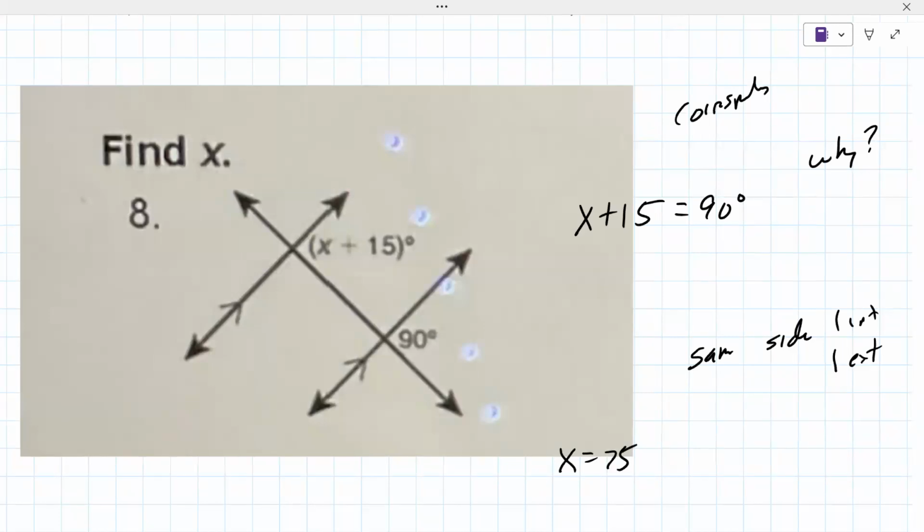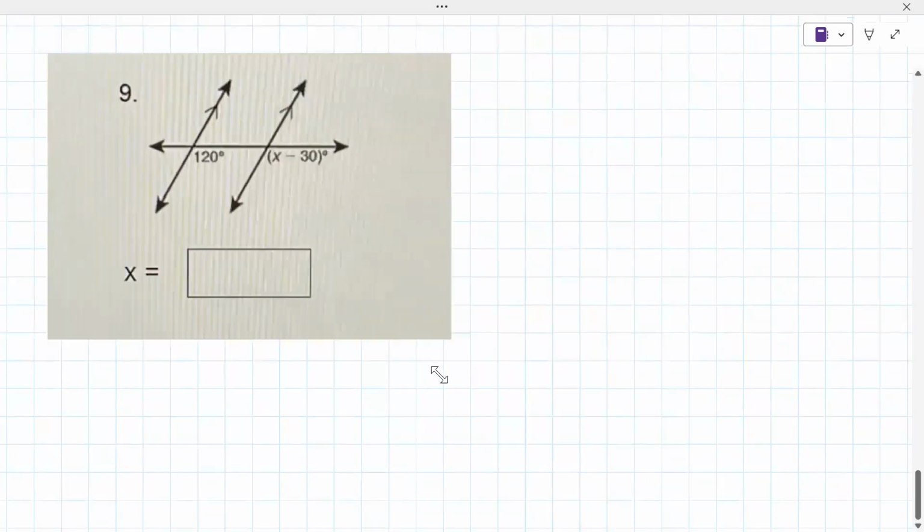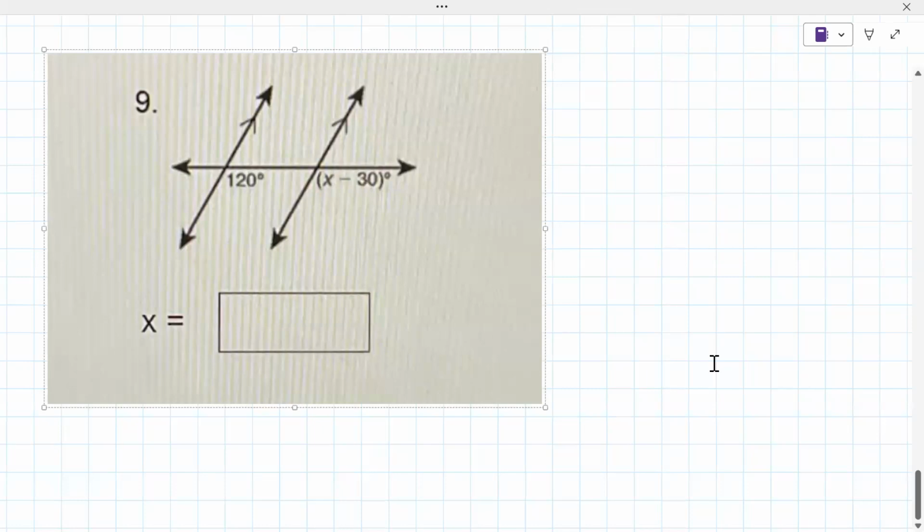All right. So I'd like you to try number 9 on your own. You don't have to give me a reason why, just solve for X and let me know what you come up with. 150.